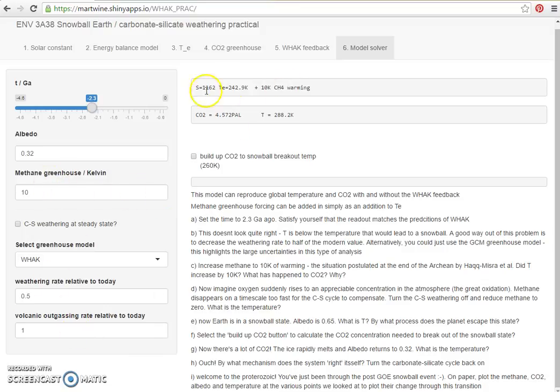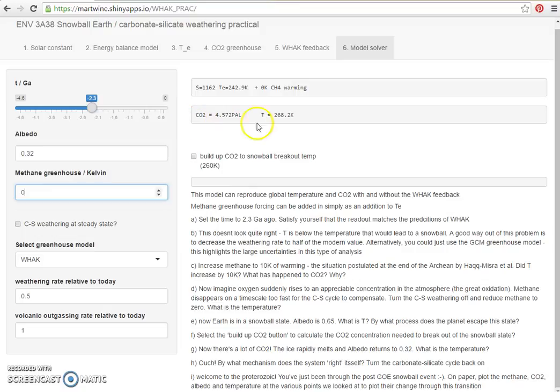Keep an eye on CO2 and temperature here as we ramp the methane down. So methane goes down. Just let the calculations catch up. Now CO2 isn't changing because carbonate silicate weathering isn't responding over this time scale. This is just atmospheric chemistry taking the methane out of the atmosphere.